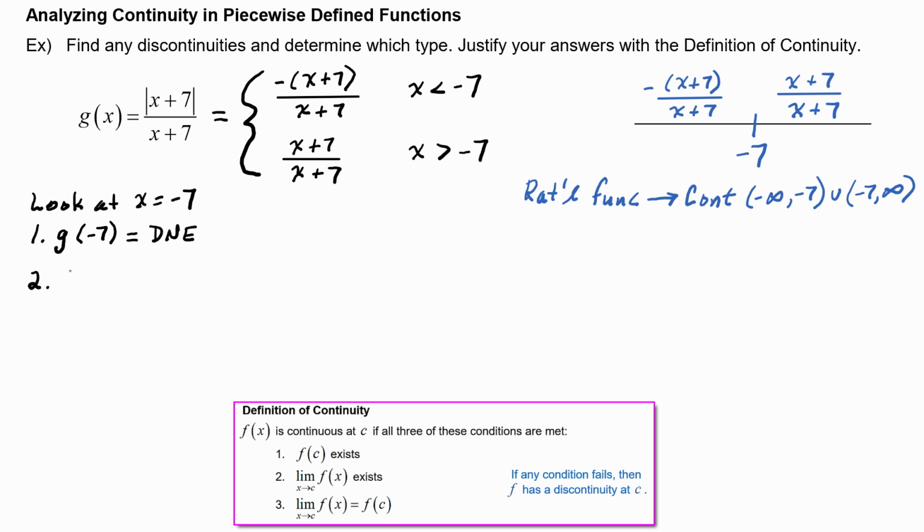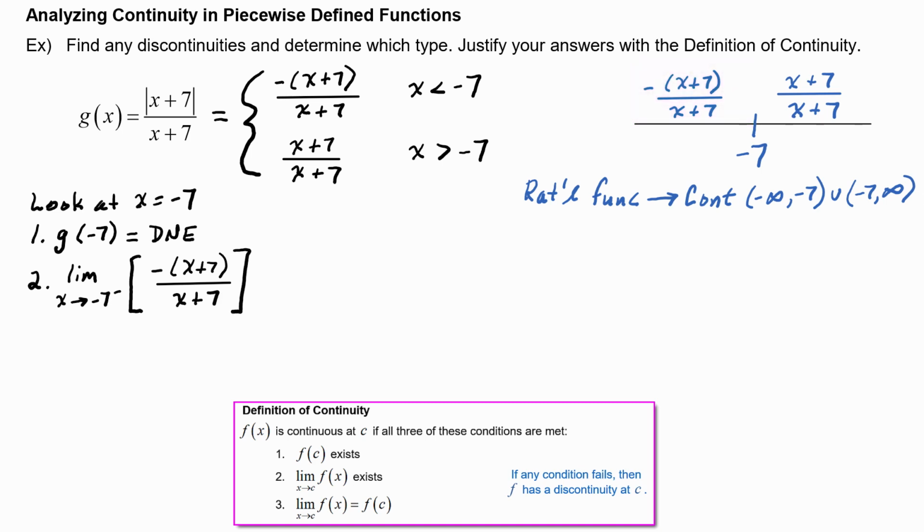If we start off with the limit as x approaches -7 from the left, then we use this definition of the function, the opposite of x plus 7 over x plus 7.